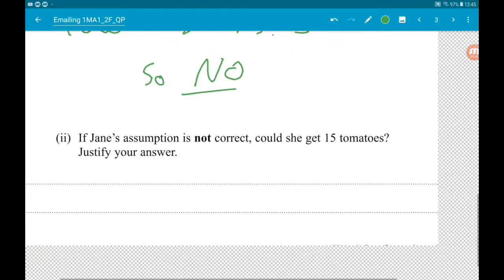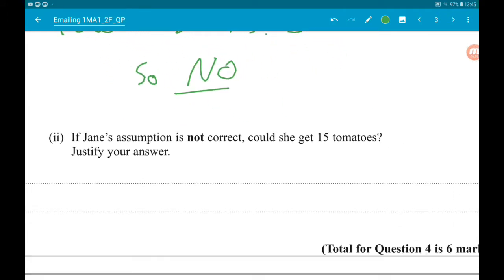Okay, then for part 2. If Jane's assumption is not correct, could she get 15 tomatoes?